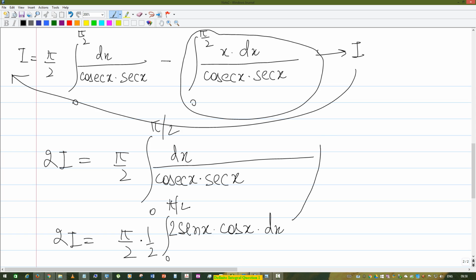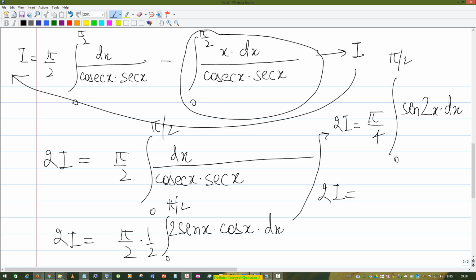So this expression will become twice of I is equal to pi over 4 integral 0 to pi over 2 sine 2x dx.